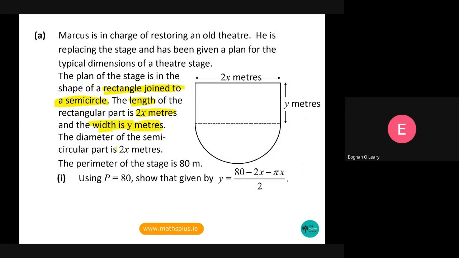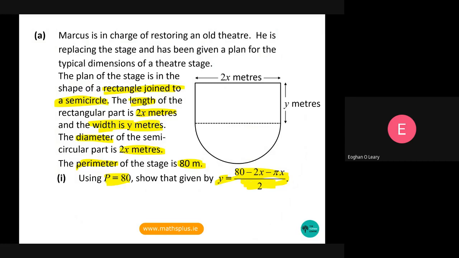The diameter is also 2x meters. And now we're told the perimeter equals 80 meters. Using the fact that the perimeter is 80, we're going to show that y is equal to 80 minus 2x minus pi x over 2.